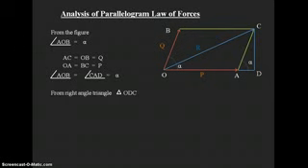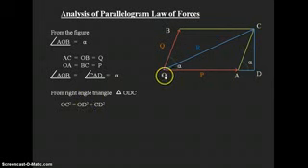Next, consider the right angle triangle ODC, made of O, D and C. From the Pythagoras theorem, OC squared is equal to OD squared plus CD squared.